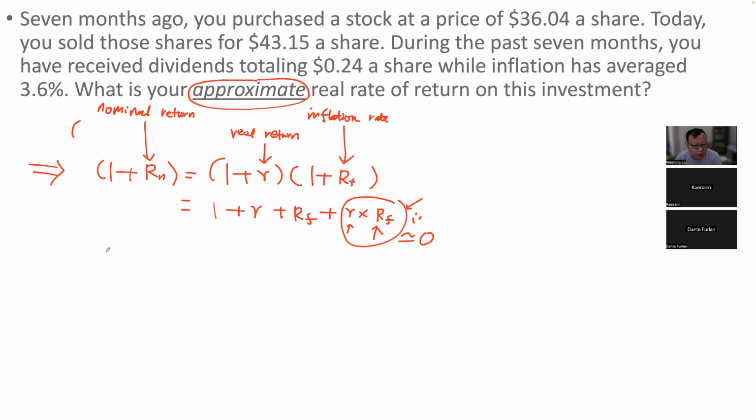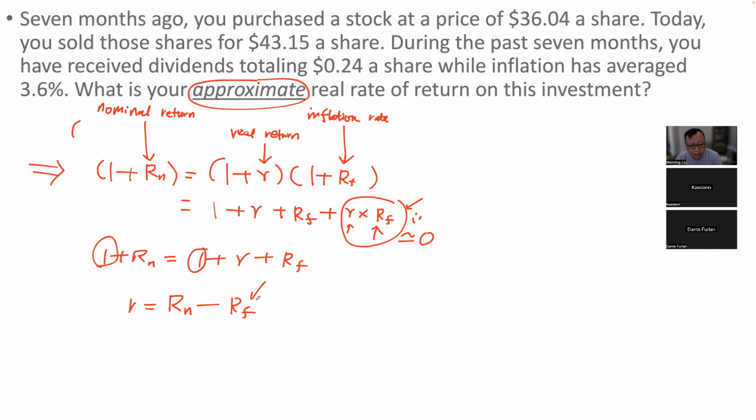So now the equation becomes 1 plus Rn equals 1 plus r plus RF. Now you can take the 1 out from both sides. So what is your real return? Your real return is Rn, the nominal return, minus RF, the inflation rate.